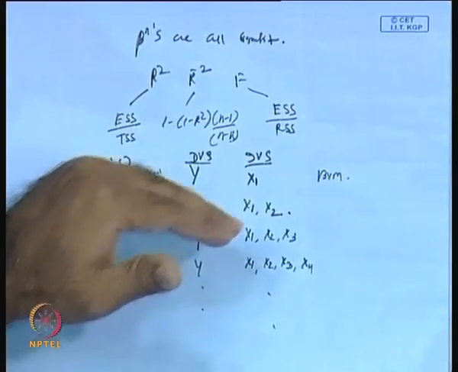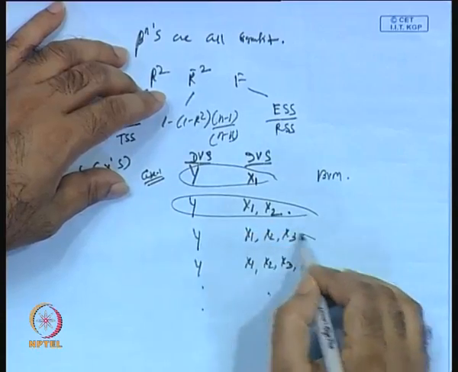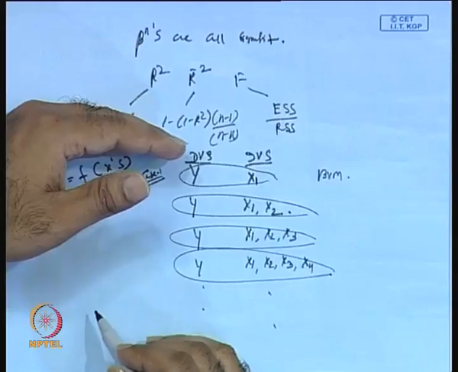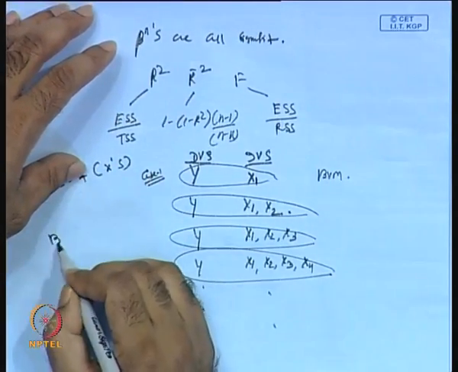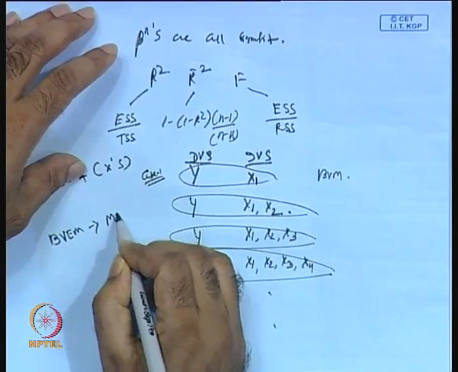This can be one model, this can be another model, and another. Our approach is bivariate to multivariate: the entire discussion is the movement from bivariate econometric modeling to multivariate econometric modeling.